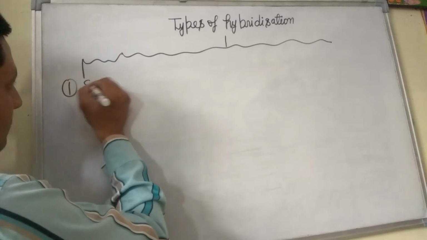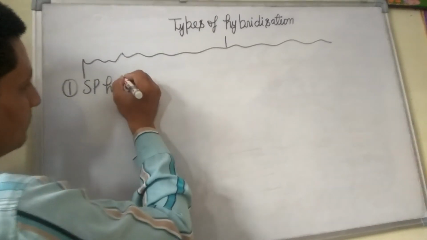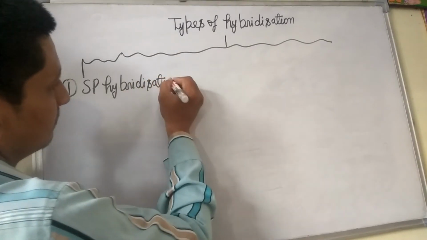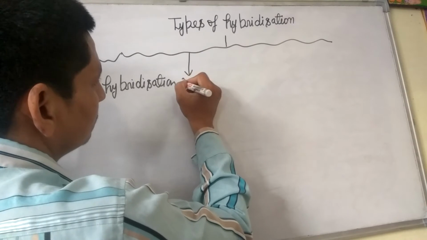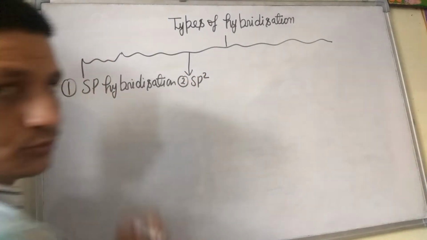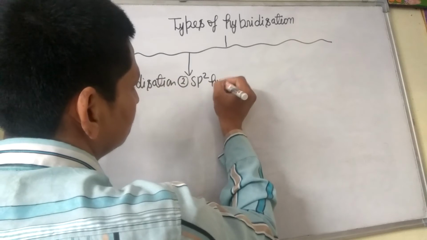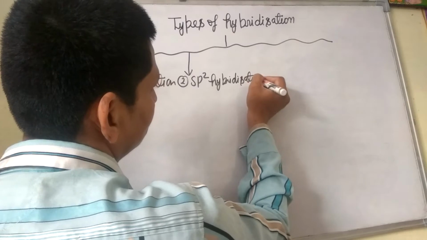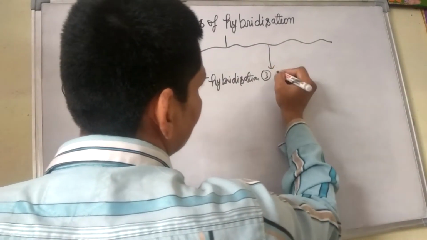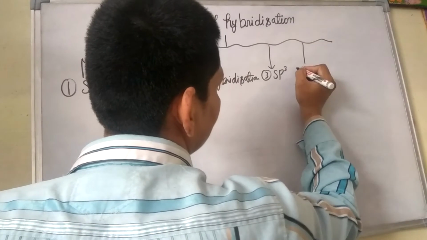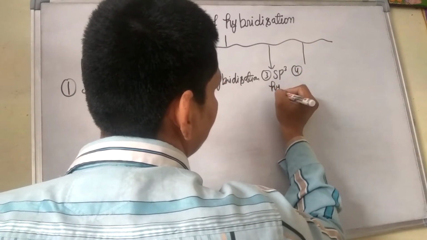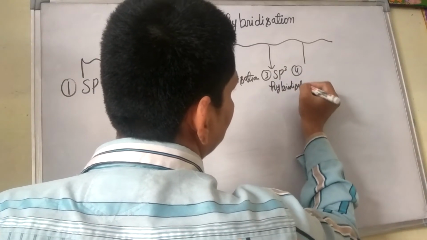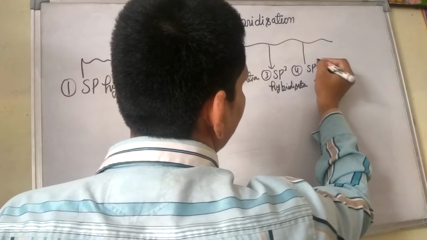Number 1, sp hybridization. Number 2, sp2 hybridization. Number 3, sp3 hybridization. Number 4, sp3 hybridization.